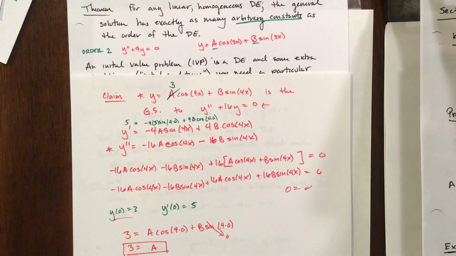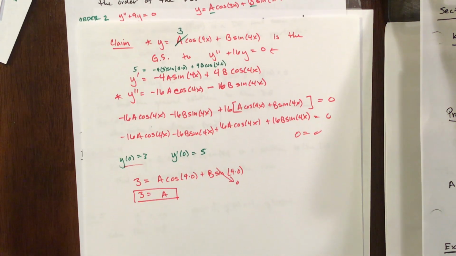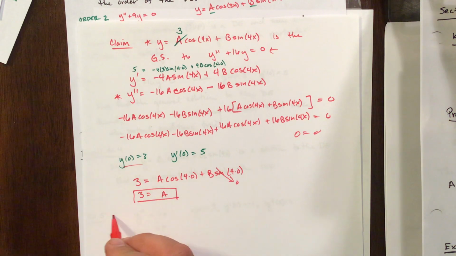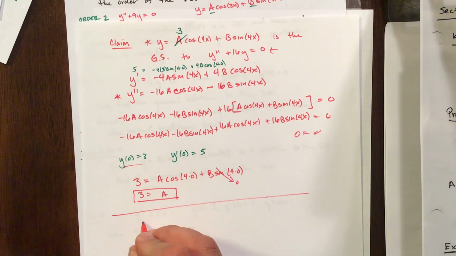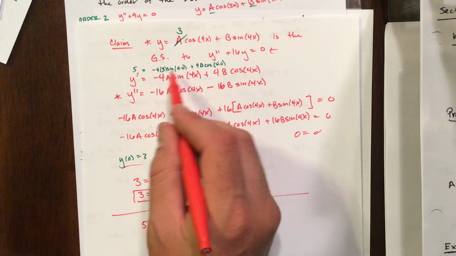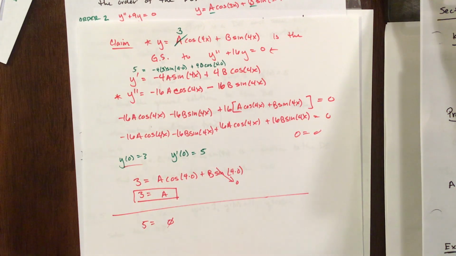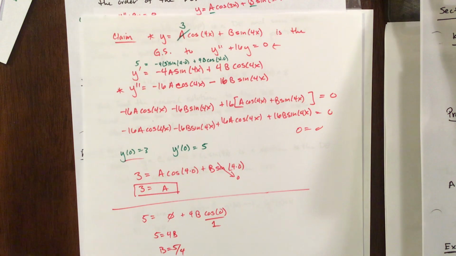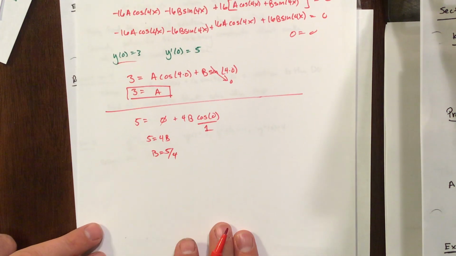Just plugging in what I know for a, x, and y prime. What does that end up being? Running out of space up there. 5 equals minus 12 times 0, which is 0, plus 4b times the cosine of 0. Well, we said the cosine of 0 is 1, so 5 is equal to 4b, so b is equal to 5/4. We have our particular solution.